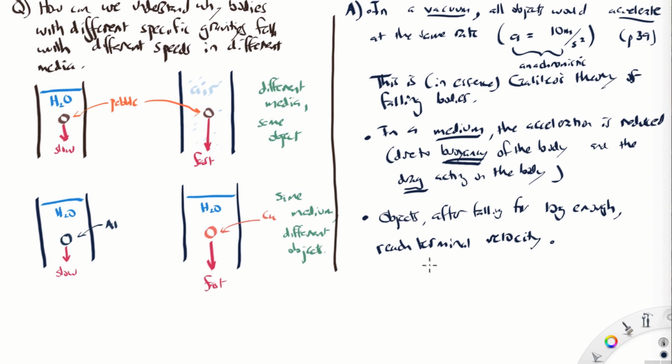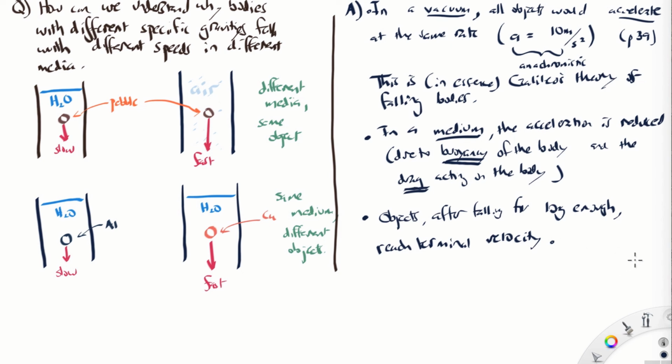Well, it's because according to Galileo's theory, in a vacuum, an object would simply keep accelerating. You drop it, it gains 10 meters per second of speed for every second that it falls. If there was no drag, no medium that's retarding the fall, its speed would increase indefinitely. But because there is a medium through which it falls, there is a drag force that is going to check the acceleration or reduce the acceleration.